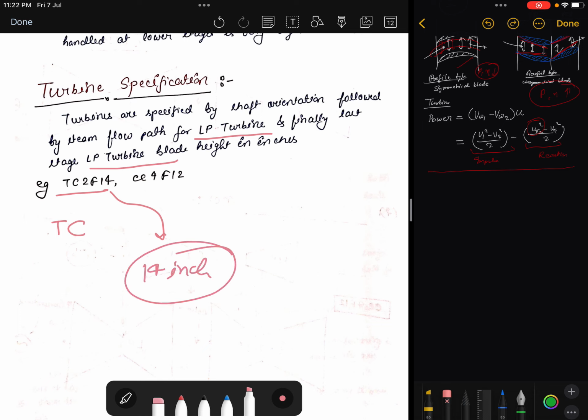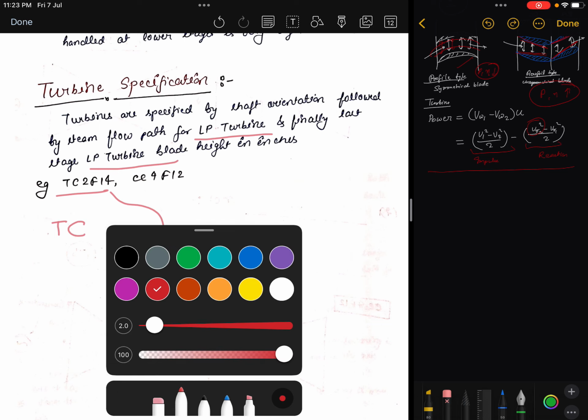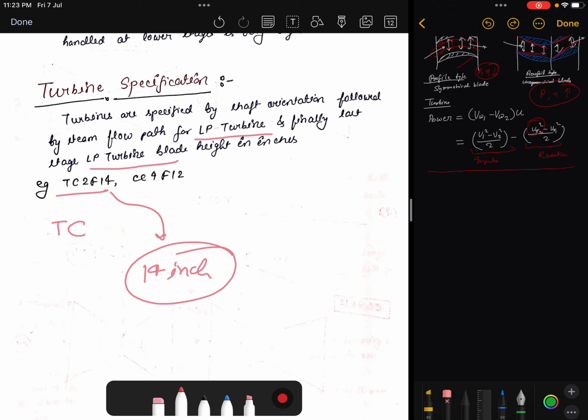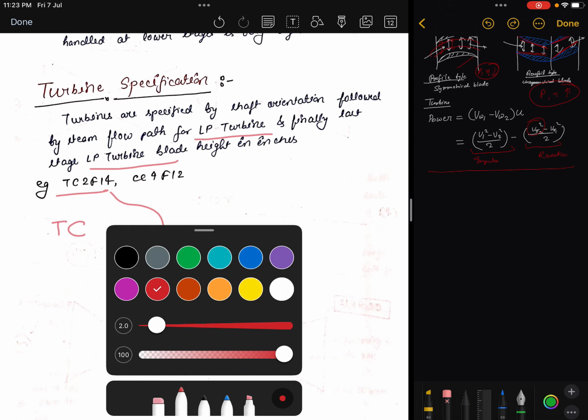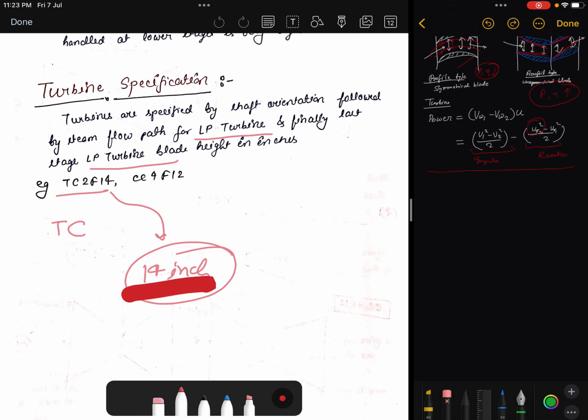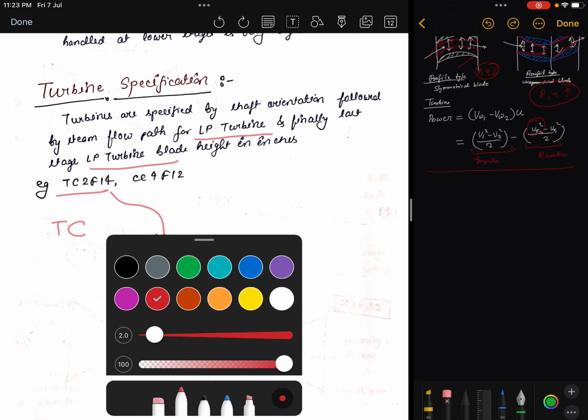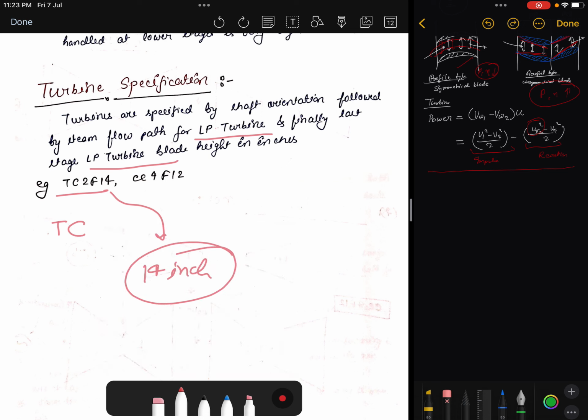So this 14 is in inches. It is actually the height of the low pressure turbine blade. And what is 2F?